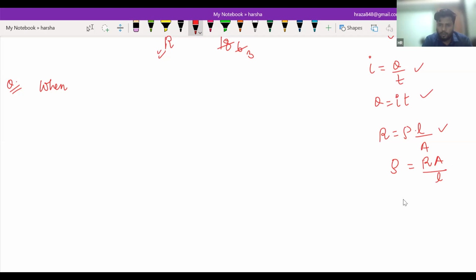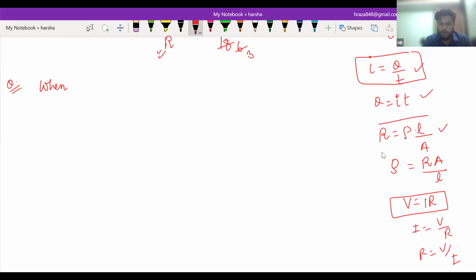Again, next formula is V is equal to IR. This is Ohm's law. And you can also write I is equal to V upon R, or R is equal to V upon I, whatever you want. So in short, we have three formulas.